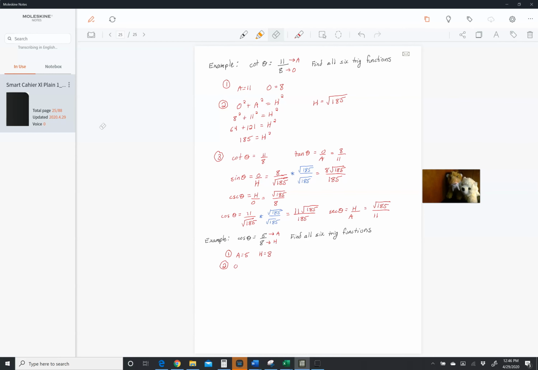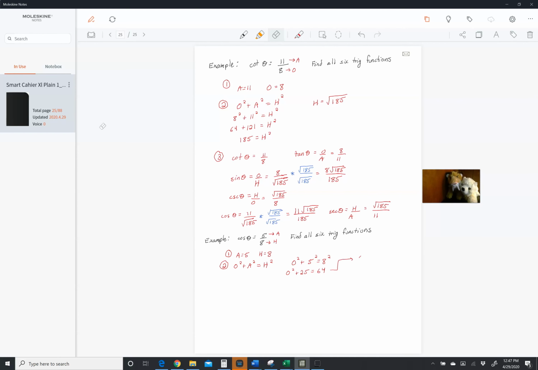Now we're going to use the Pythagorean Theorem. O squared plus A squared equals H squared. So O squared plus 5 squared is equal to 8 squared. O squared plus 25 is equal to 64.